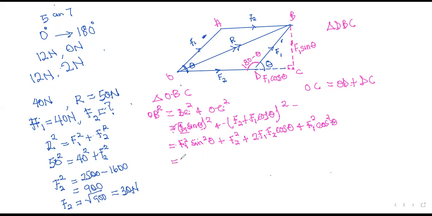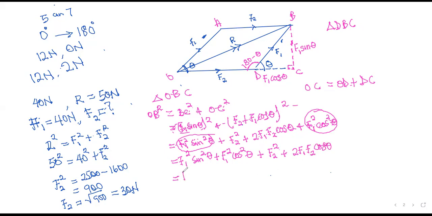Then we group like terms: F1 squared sine squared theta plus F1 squared cos squared theta, plus F2 squared, then the remaining term, 2 F1 F2 cos theta.